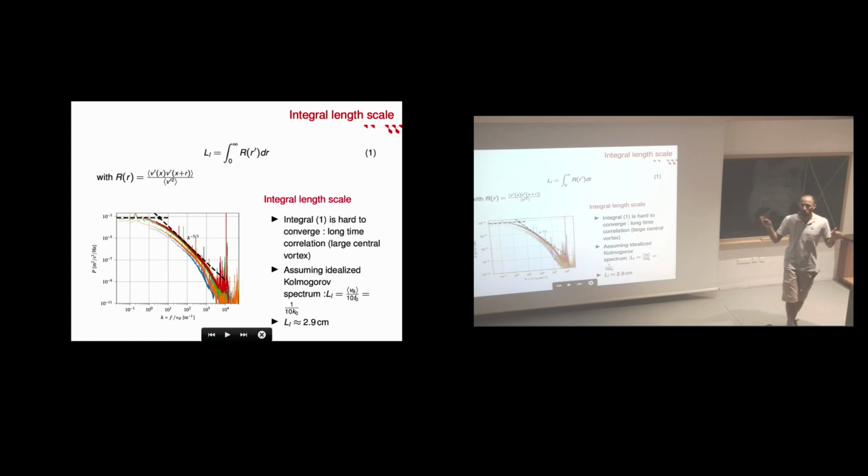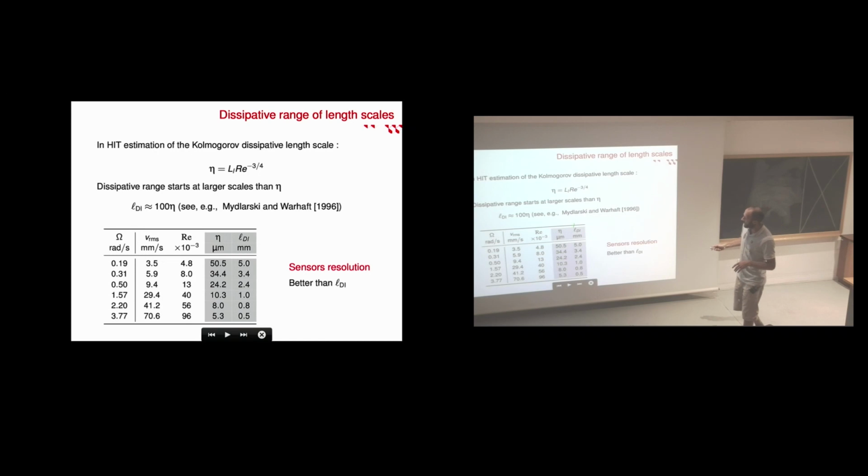So with that big tank, we finally obtain a not so large integral length scale, unfortunately. But this number is quite robust and doesn't depend on the velocity, so we are happy with it.